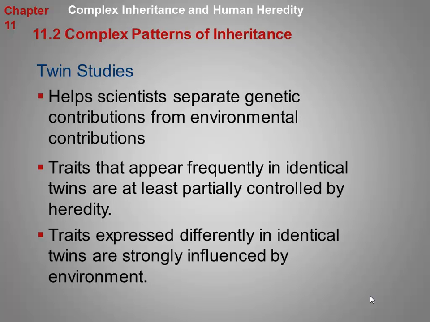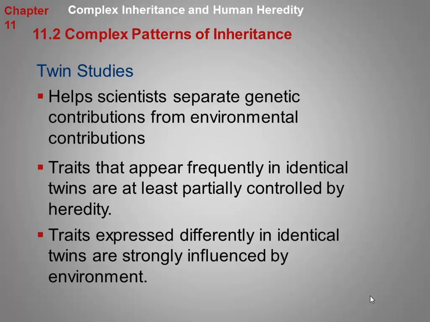Since twins are genetically identical, they should have all the exact same phenotype, diseases, conditions. But many times they don't because of environmental influences. So by doing twin studies, you can study a set of twins and see what traits are more influenced by environment than others. And it talks about this on page 310 in your book. So sometimes environment does have an effect, not just genetics. And we use twin studies to determine that.